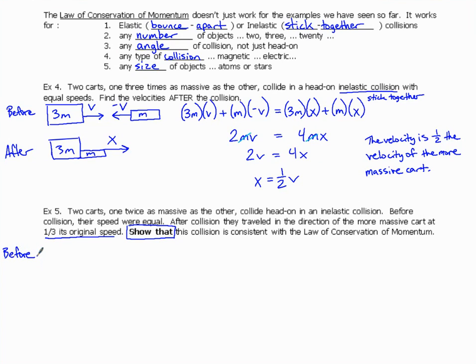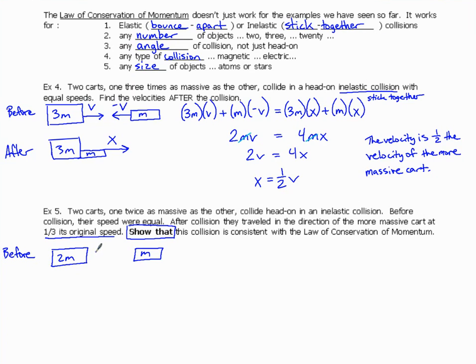So before, we have 2 carts, one is twice as massive as the other. So here's 2m, and here's m. They are colliding in a head-on collision, which means they have velocities in opposite directions.